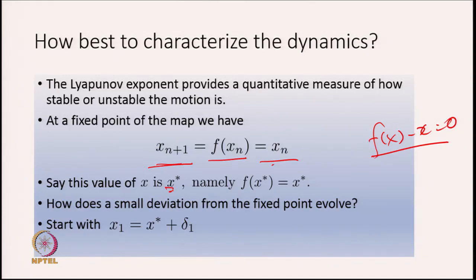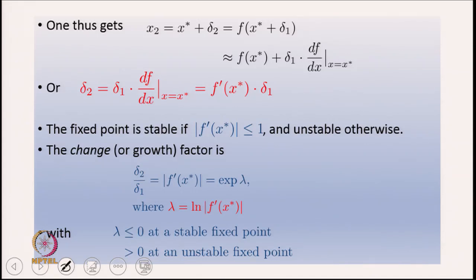Now, how does a small deviation from the fixed point evolve? In order to find that, we start with a point x 1, which is x star plus delta 1, and iterate it. If you iterate it, you get x 2, which is x star plus delta 2.